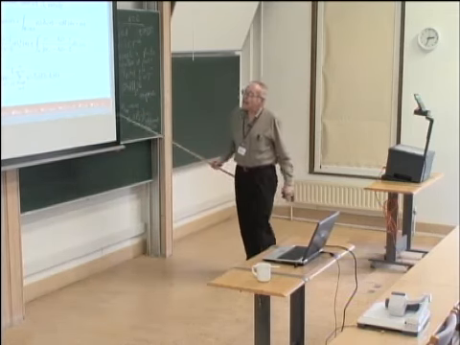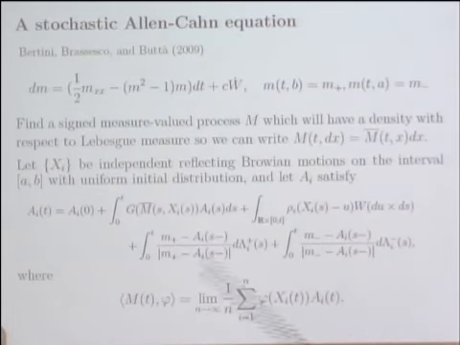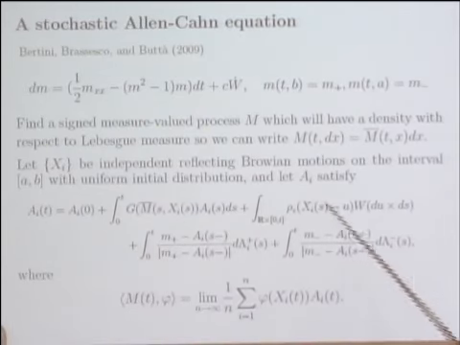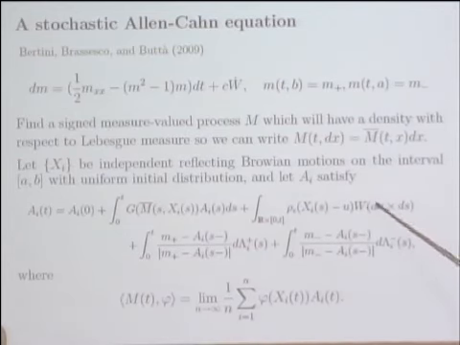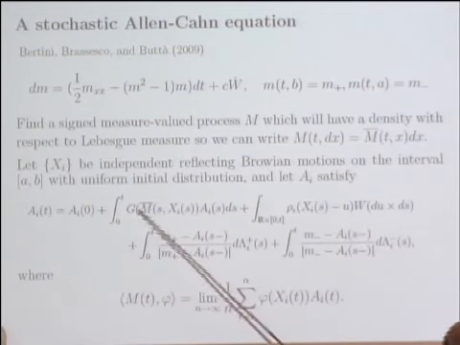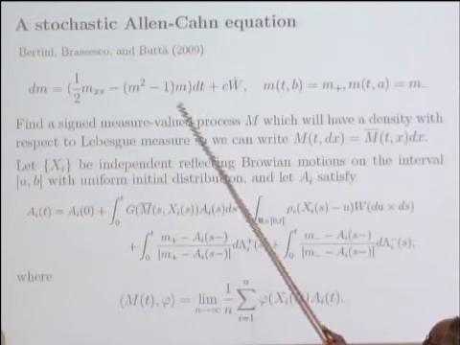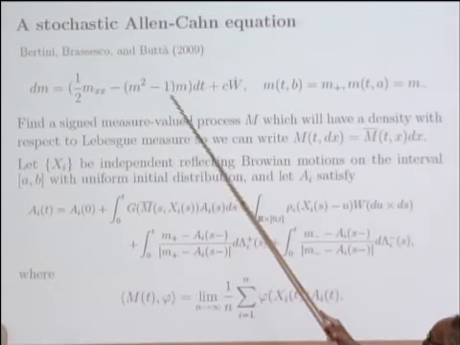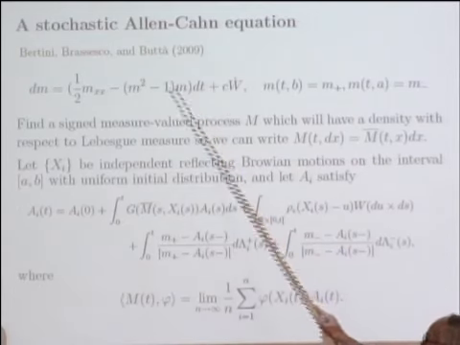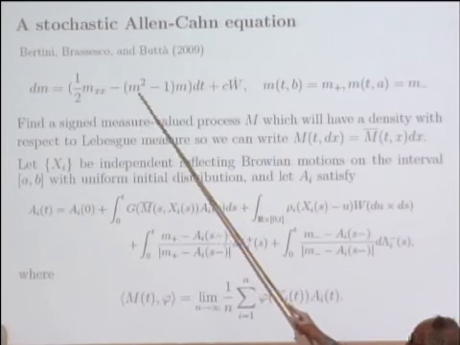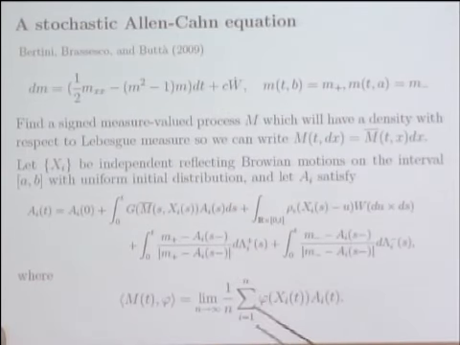Then I need something else. I'm going to look at a family of processes AI that satisfy a stochastic differential equation that looks like this. G, incidentally, is just minus m squared minus 1. That m gets used someplace else, but the G here is just minus m squared minus 1.